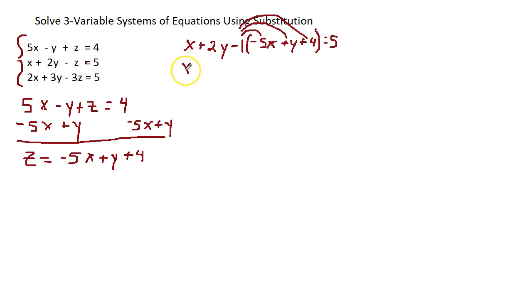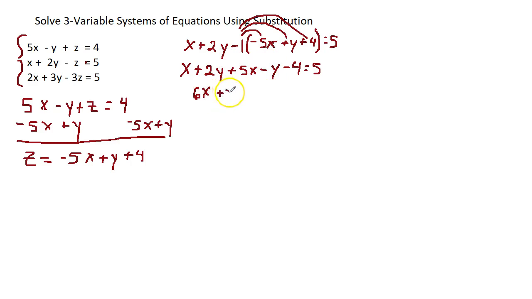So I'm left with x plus 2y. Negative 1 times negative 5x is plus 5x. Negative 1 times y is negative y. Negative 1 times 4 is negative 4, equals 5. Combine like terms on the left side. 1x plus 5 more x's gives me 6x. 2y, take away 1y, is just 1y.